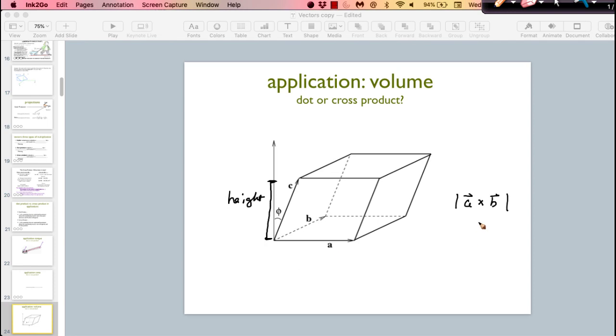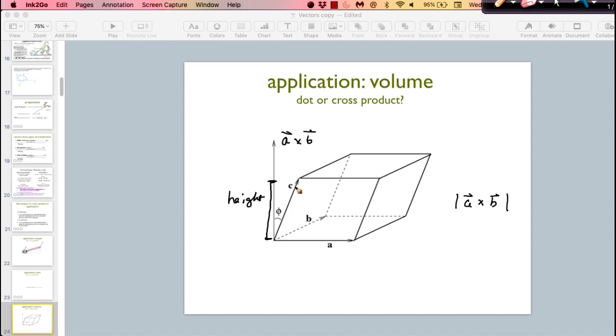What direction is A cross B? Isn't it up? Yeah. So the vector A cross B has the direction of this axis right here. You see that? So look what I want. I want to multiply the magnitude of A cross B times the magnitude of C, but as much as in this direction, right?